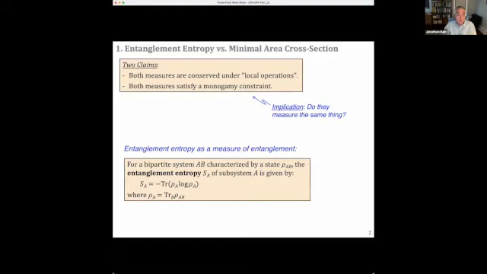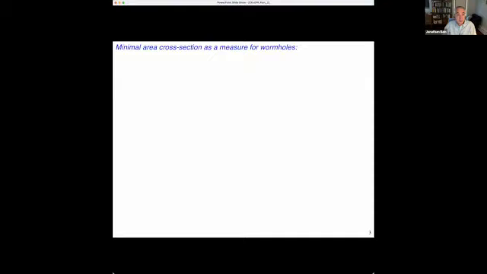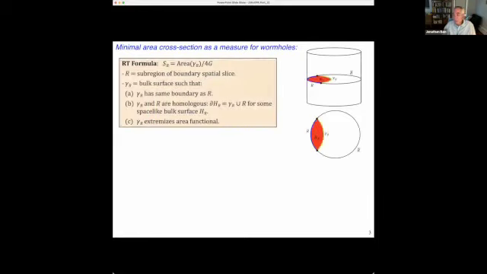Now, what about minimal area cross-section as a measure for what we might call wormhole conductivity? One way to motivate this measure for wormholes comes from the RT formula that we discussed a couple of days ago. The RT formula is a statement in the AdS/CFT correspondence, and it's associated with the constructions in these diagrams on the right.